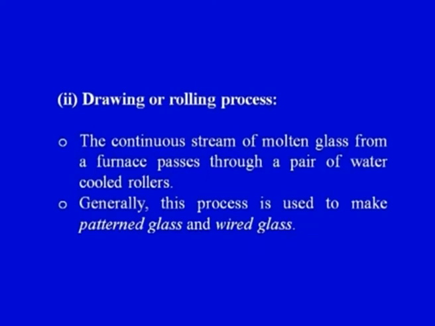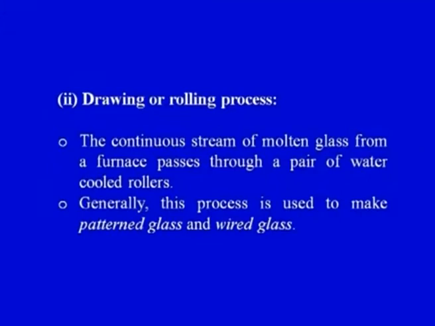It means a specific set of raw materials or the constituents of glass have been melted, and that stream of molten glass from the furnace passes through a pair of water cooled rollers. So there are two rollers which are water cooled, and the continuous stream of molten glass is passing through these rollers. Generally this process is used to make patterned glass and wired glass.